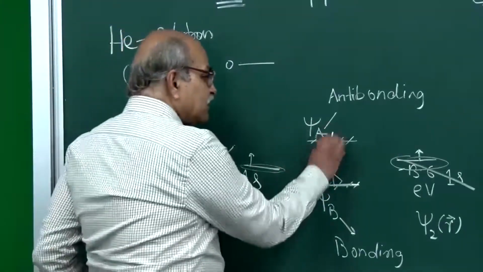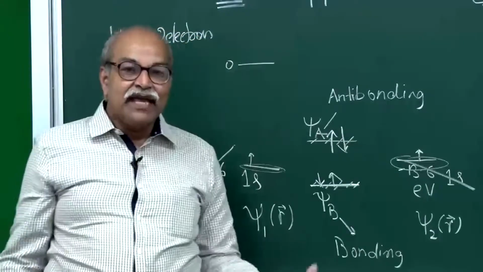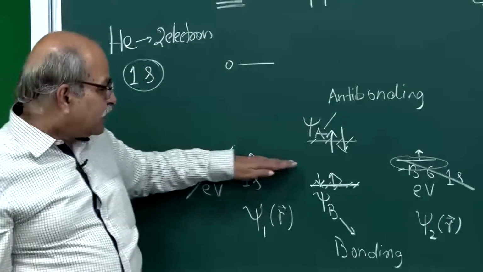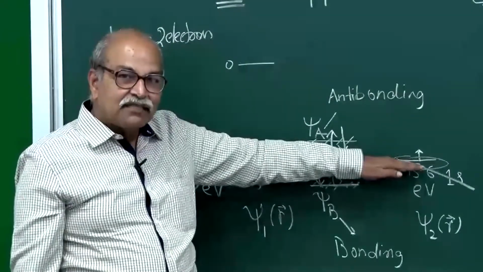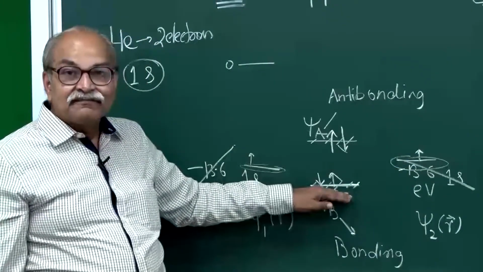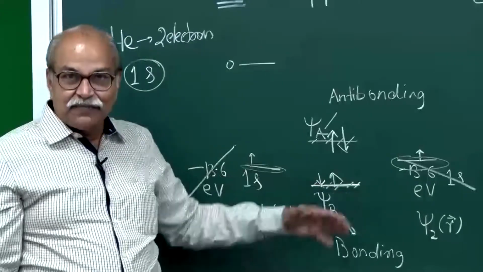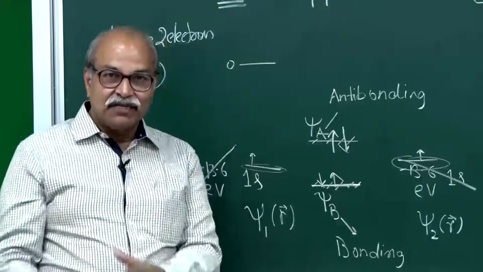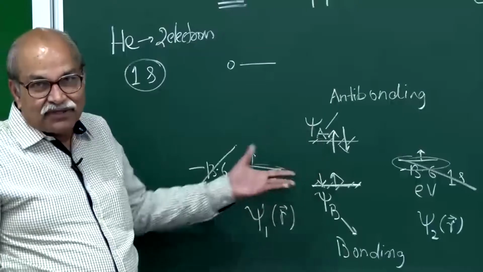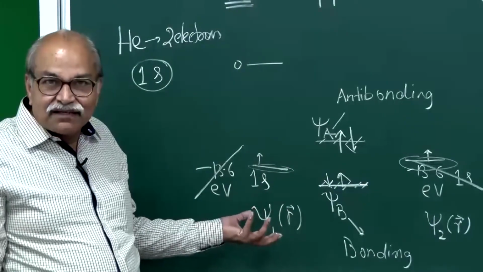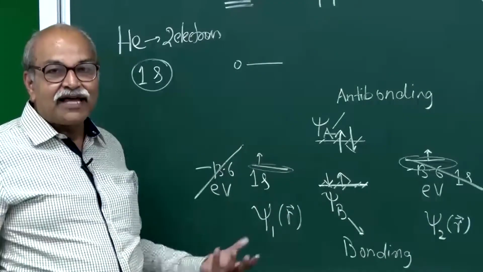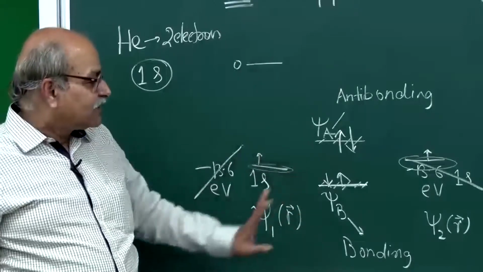So 2 electrons will be here, 2 electrons will be there. No gain in overall energy. In the hydrogen case, if one electron is here, another electron is here, it's minus 13.6 and minus 13.6, but if both the electrons come here, the energy is lowered, and therefore it gives rise to the stable configuration of the molecule. But in helium there is no gain, and therefore these atomic orbitals are equally good, and it doesn't go for this bonding. It's not diatomic. So these kind of things are there.